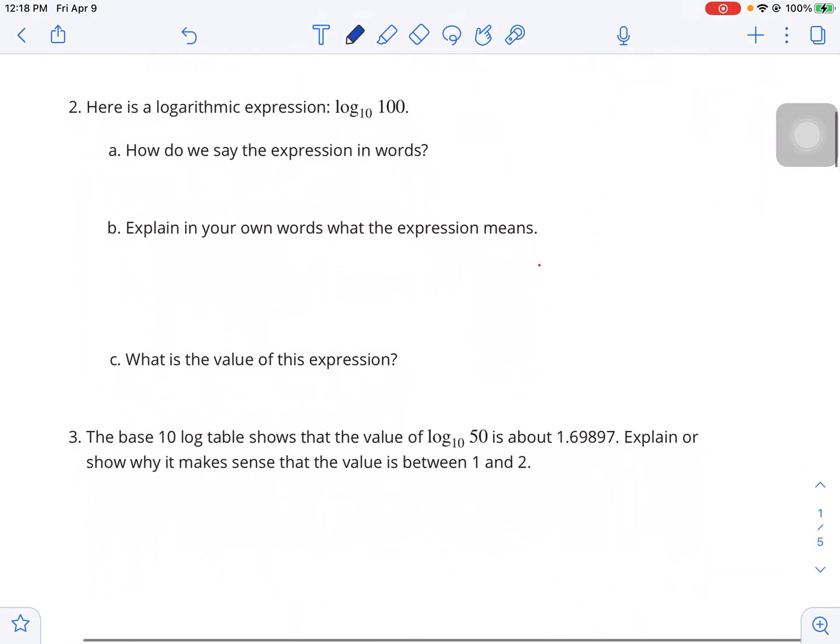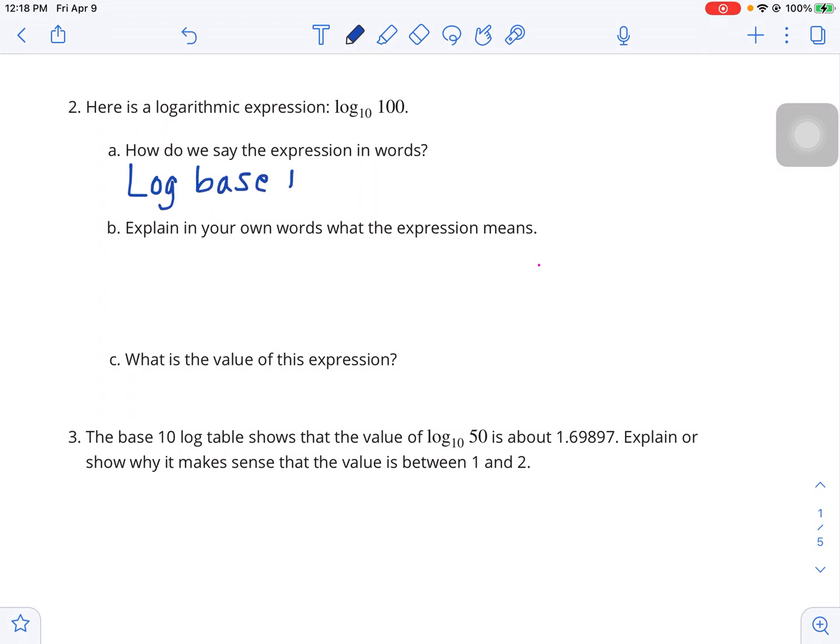Number 2, here's a logarithmic expression, log base 10 of 100. So how do we say the expression in words? We say log base 10 of 100, and explain in your own words what the expression means.